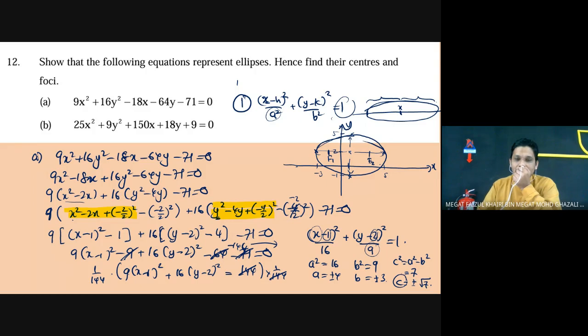The coordinates of the center here are (1, 2). So 1 minus square root of 7 to the left and 1 plus square root of 7 to the right. Oh, not 2, sorry.